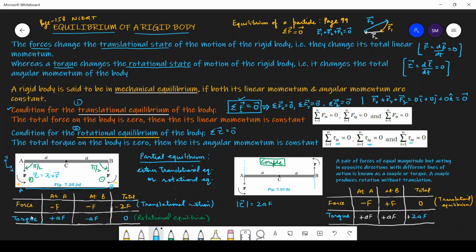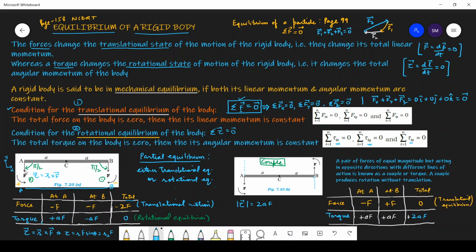Now what about the torque acting on it? What is the formula for the torque? We know that torque is equal to r cross F, and if I talk about magnitude only, that is rF sin theta, or I can simply write it as r perpendicular into F. What is the theta here?